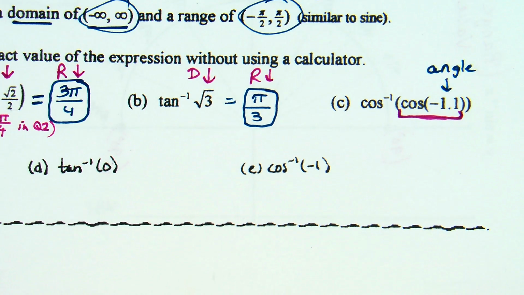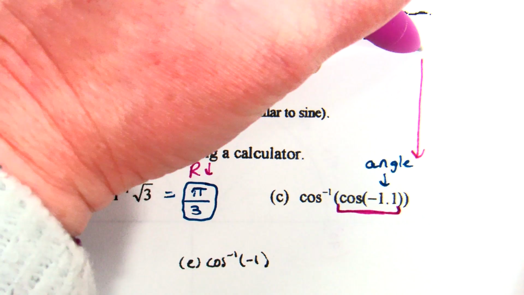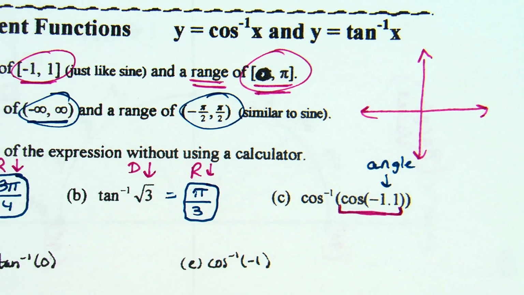In what quadrant is negative 1.1 going to be? Well, it's a negative number. So if we're talking negative 1.1, here's what I think.